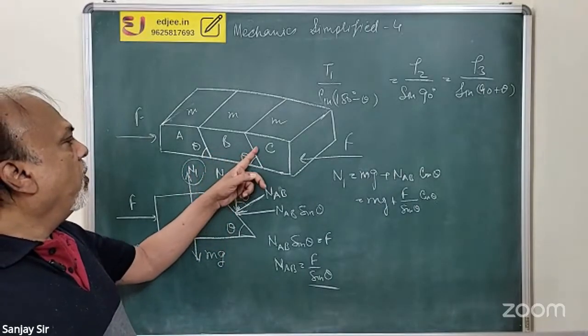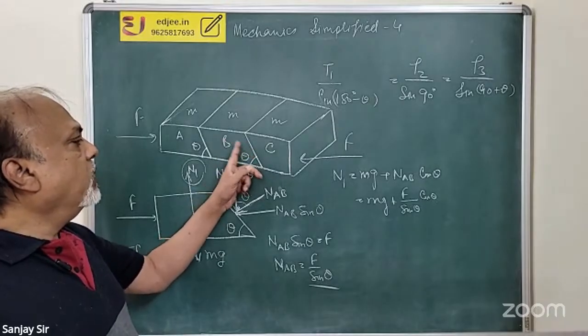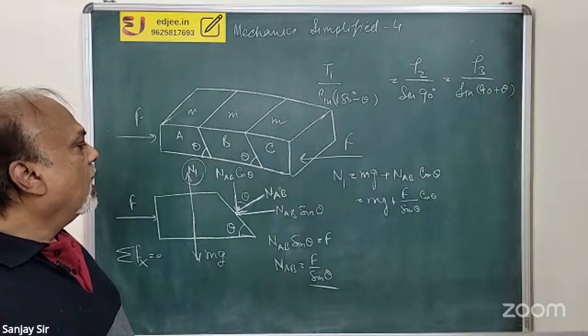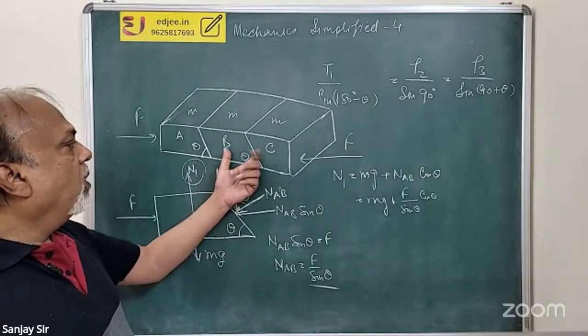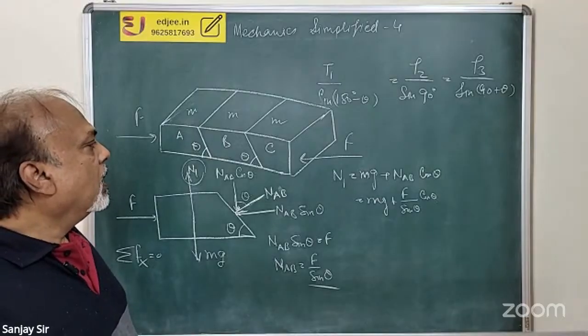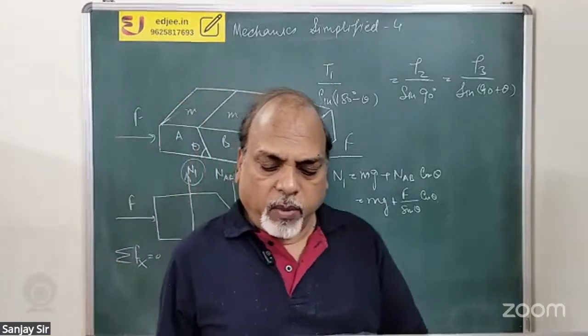Then one more, this contact force will come between B and C. Correct? For finding out B and C, what can we do? We can take the free body diagram.